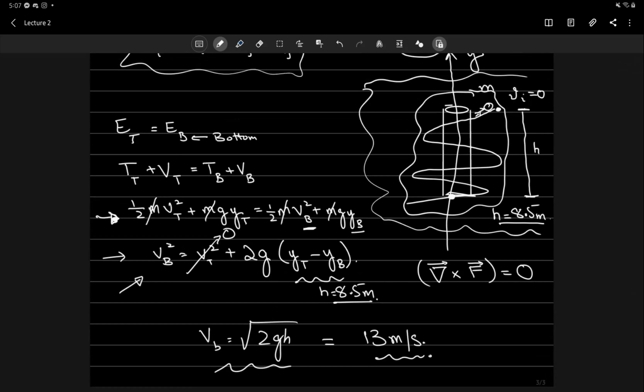And the important point here that you should notice is that the force involved was gravity, and we know it's a conservative force, because if we take the gravitational force around a closed loop we get 0. So the path should never have mattered. If he were going directly down, what should happen? The velocity would have been the same, and the work done would have been the same, right?